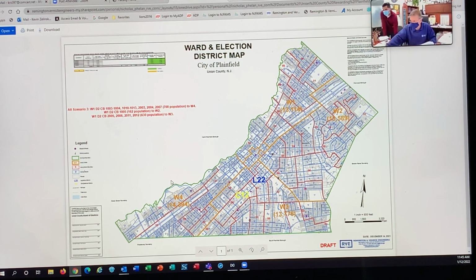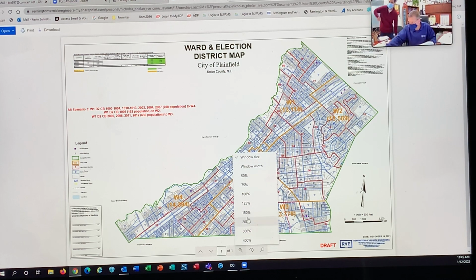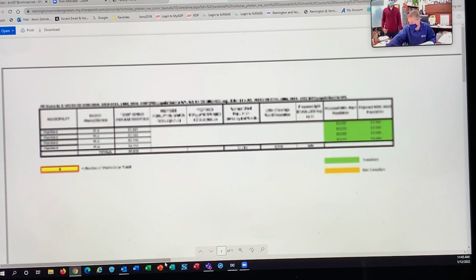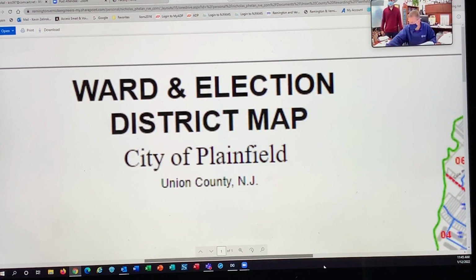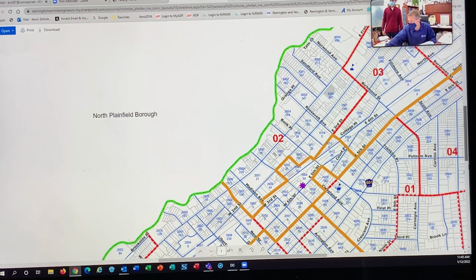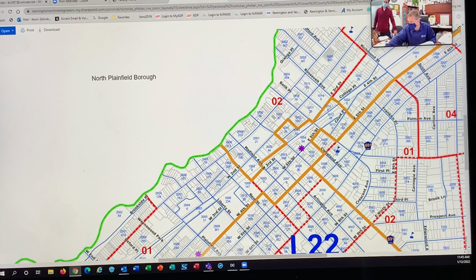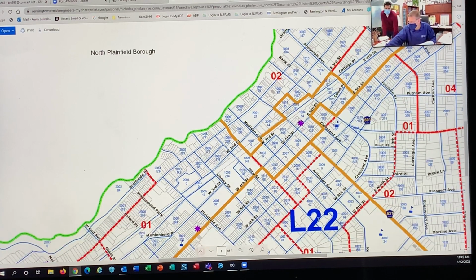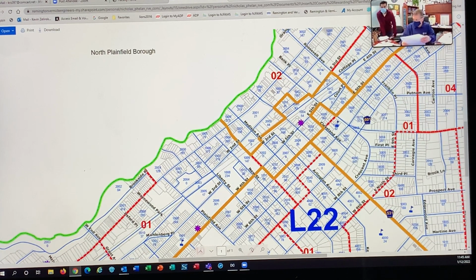Okay, so under scenario 3, again, with all the criteria we need to meet, we do the best we can with meeting all that criteria.